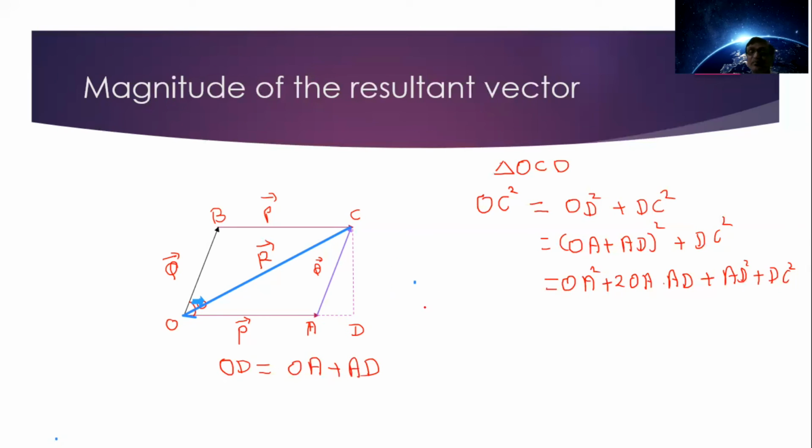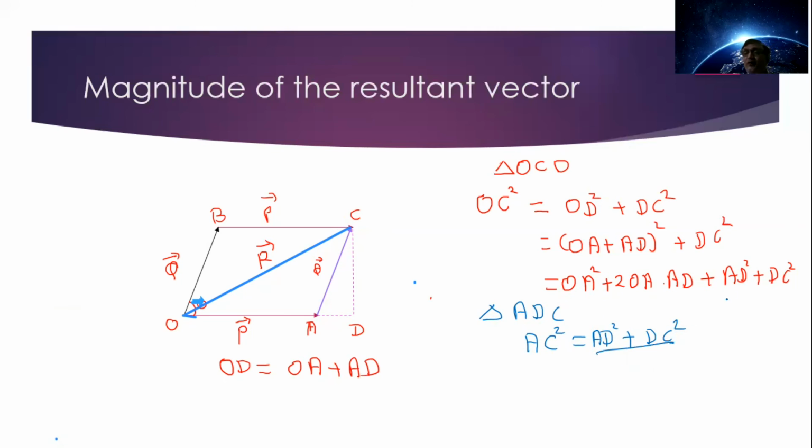Now consider triangle ADC. From this triangle ADC, again it is a right angle triangle, and applying the Pythagoras theorem, we can write AC square is equal to AD square plus DC square.